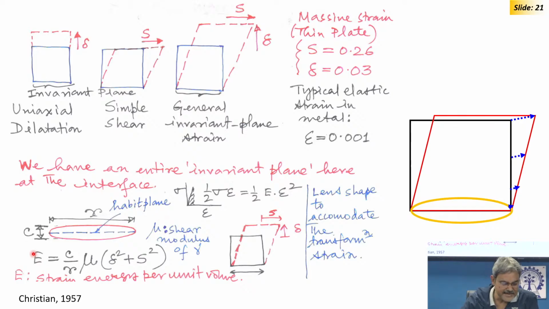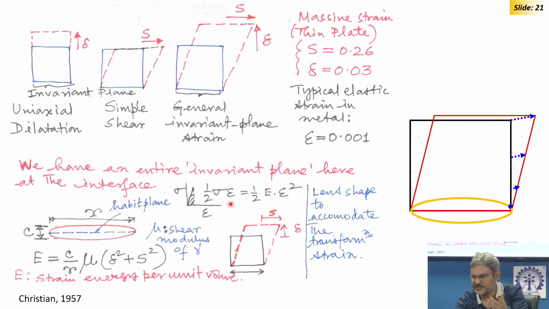To maintain a low E value, as per Christian's 1957 work, how can we maintain a small elastic strain energy? By keeping the plate thin. We can work with this aspect ratio. Typically this aspect ratio remains around 20 times larger length compared to its thickness. These calculations are not very difficult.